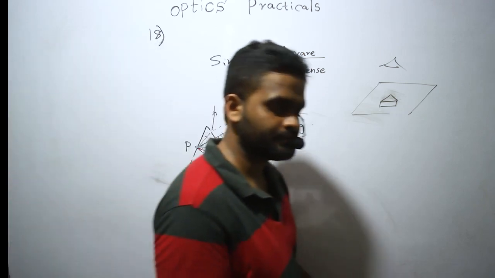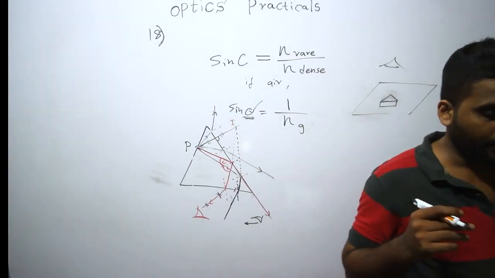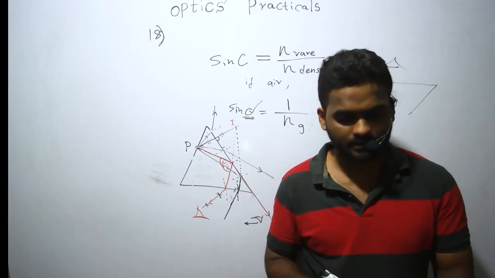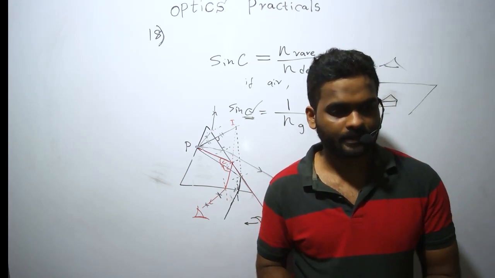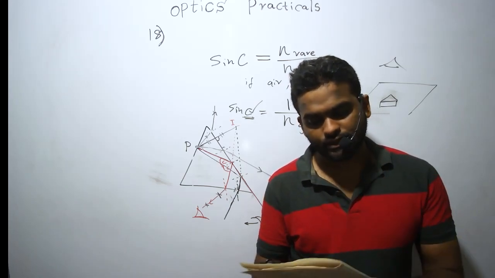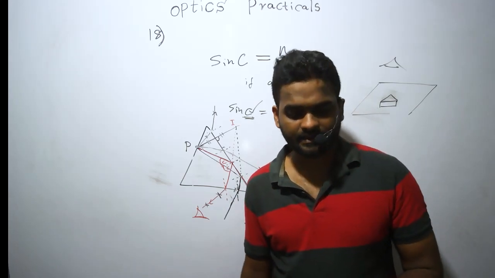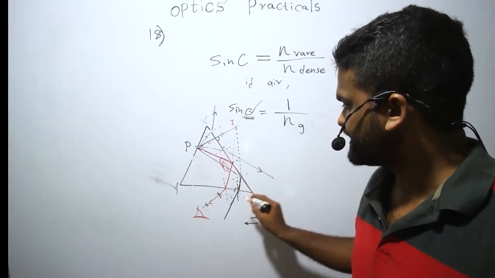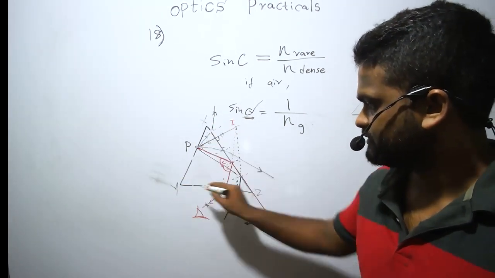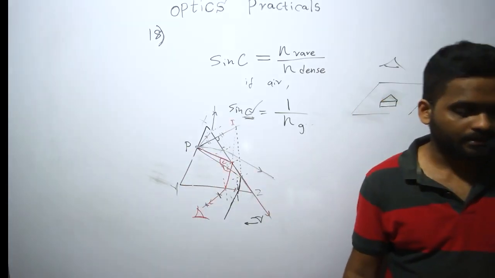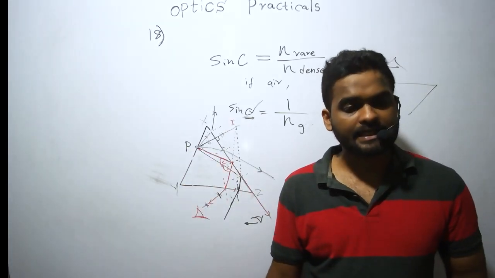Write down: optical pin should be in contact with XY. Put XYZ. Okay.